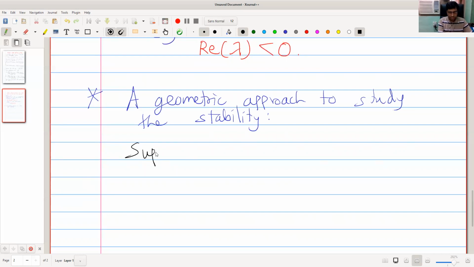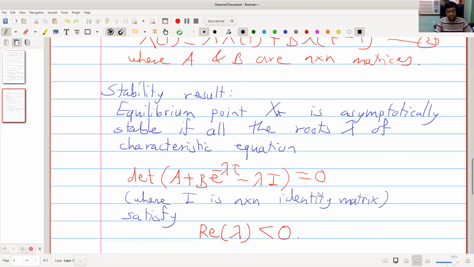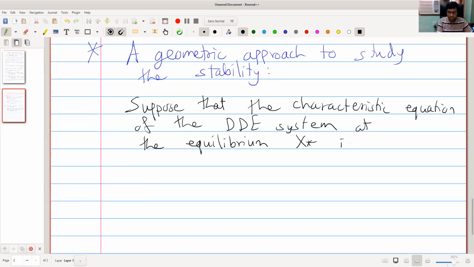Suppose that the characteristic equation of the DDE system at the equilibrium x star is given by some polynomial function p of lambda, polynomial in lambda, plus another polynomial function q of lambda into e raised to minus lambda tau equal to 0.